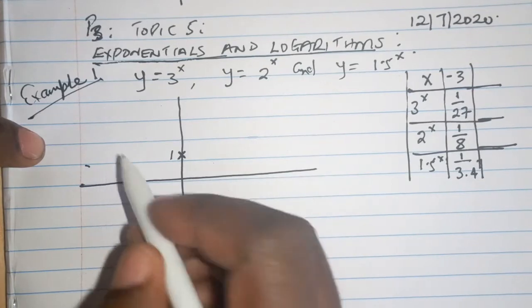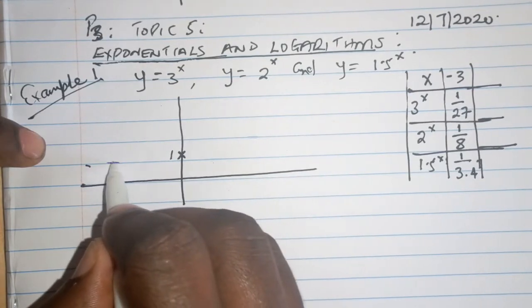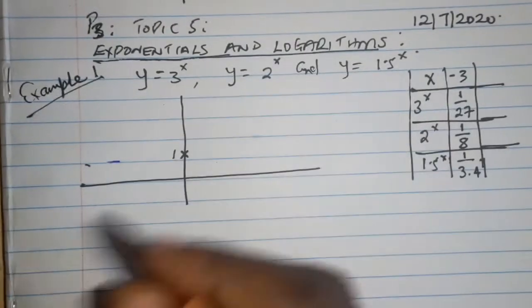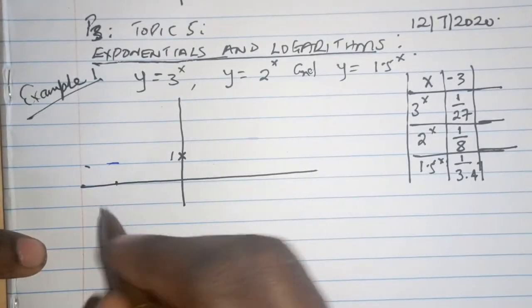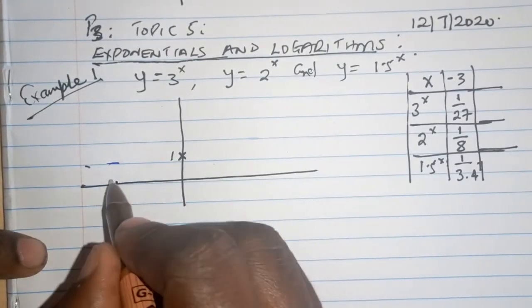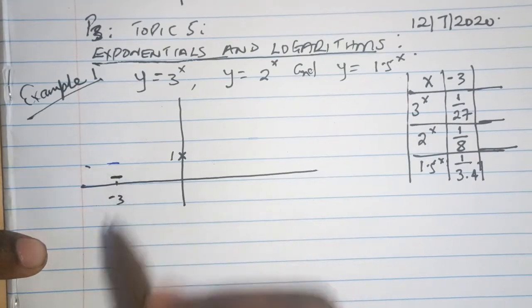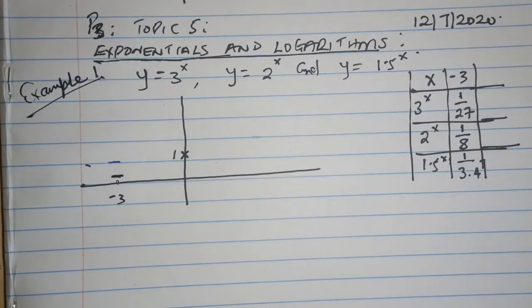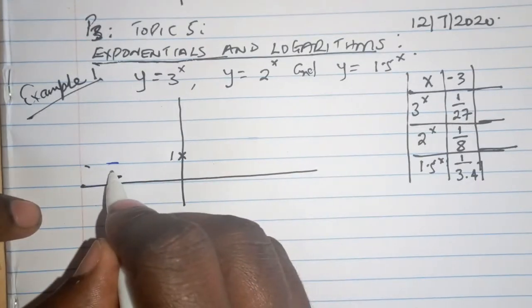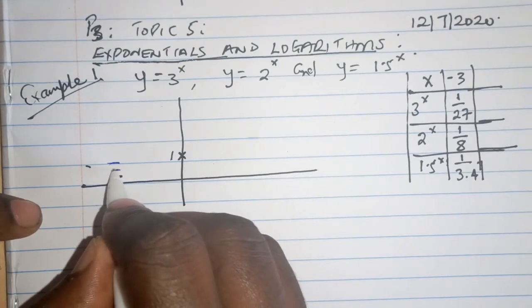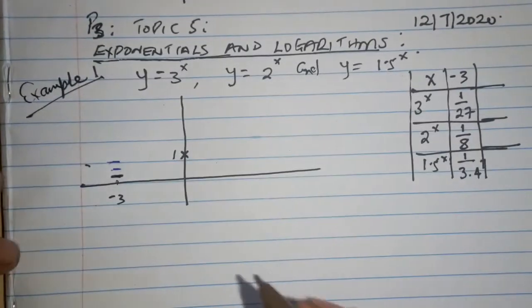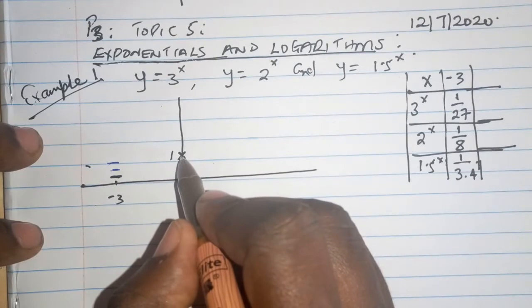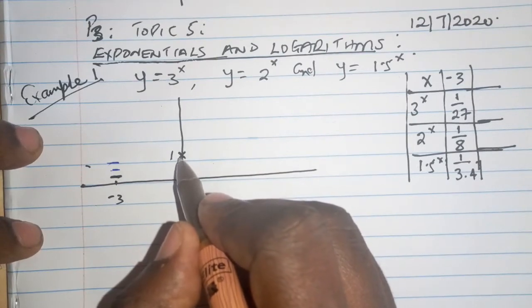When x is negative 3, you expect the graph of 1 over 27 to be lowest, and 1 over 8 is in the middle. But when we get to this particular point, all of them meet there.